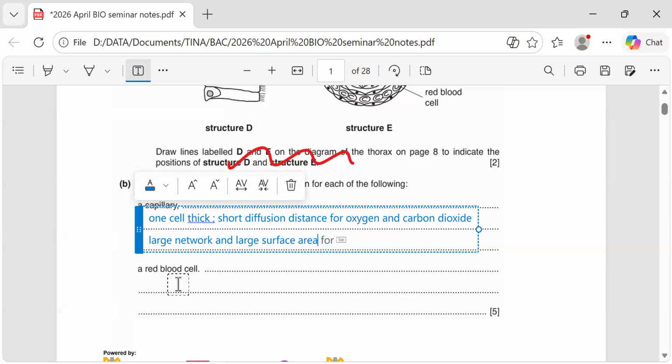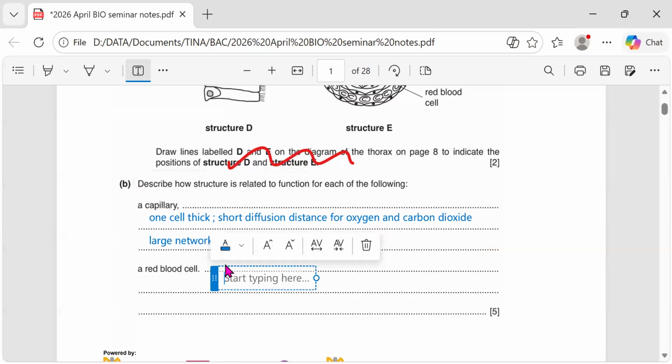Red blood cell is not easy. It has no nucleus.